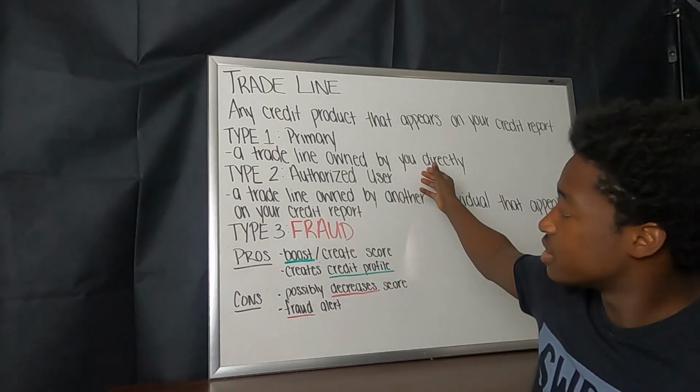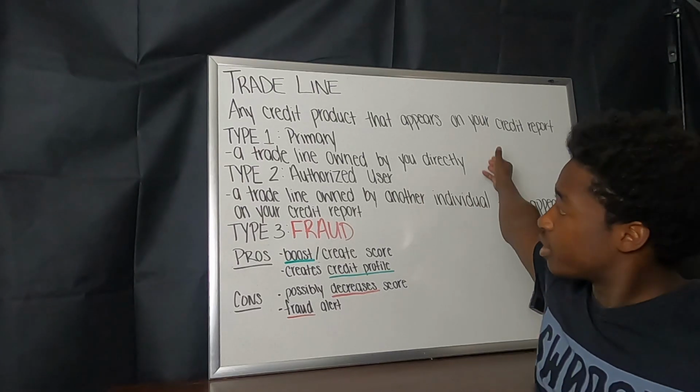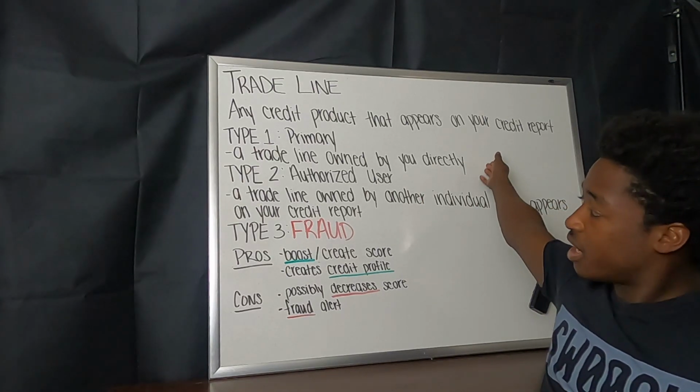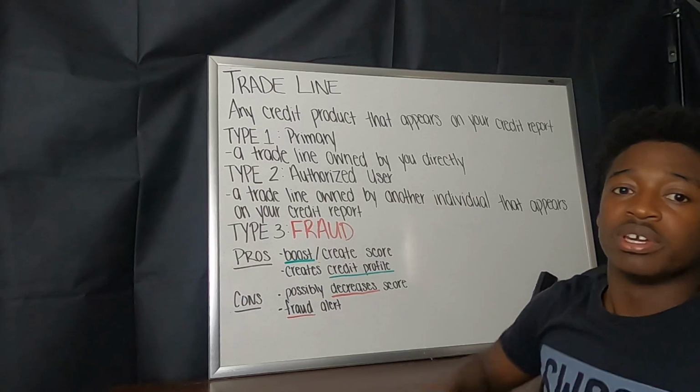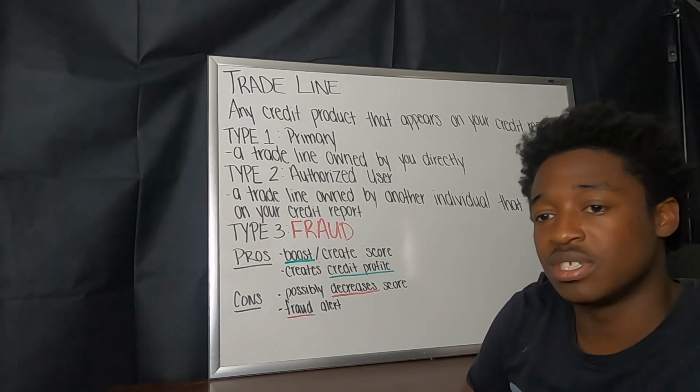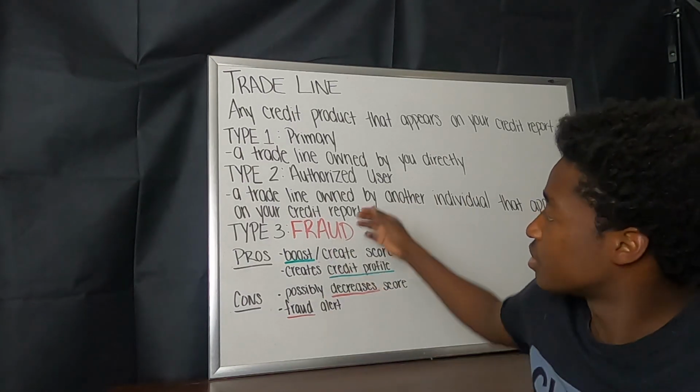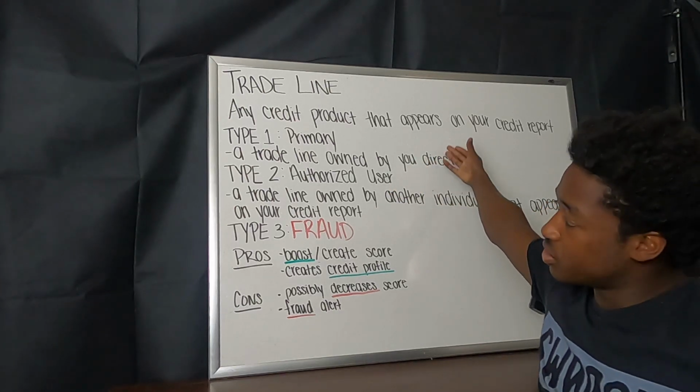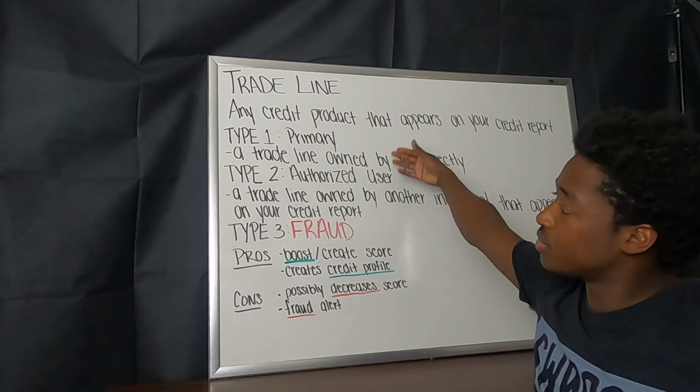You're consenting to this person using their primary trade line and reporting it to your credit report. So now you're using someone else's primary trade line, and this is why it's called piggybacking.